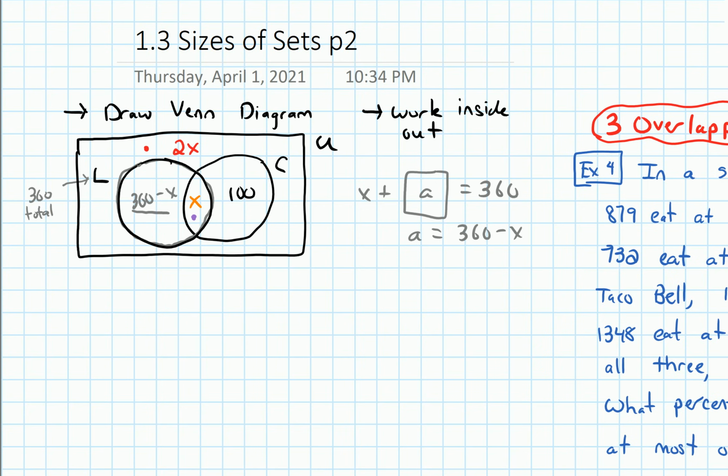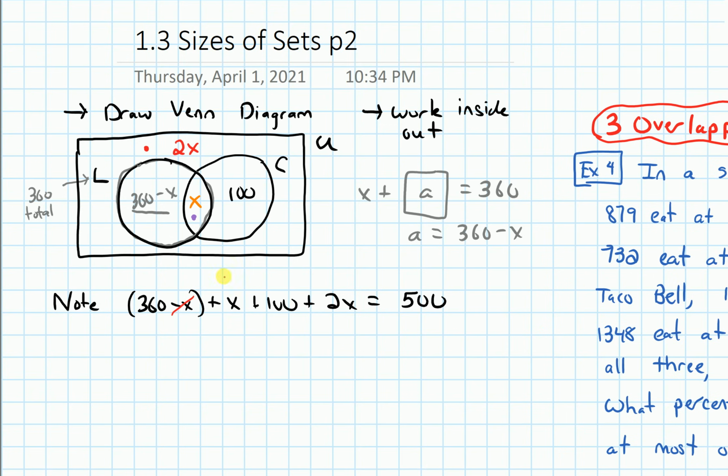So now I have labels in every single section here. So I can note that the question tells me how many people there are total in the universal set. It says there's 500. So if I add all these numbers up, the 360 minus x, added to that x in the middle, added to that 100, added to 2x, this should be equal to the 500 total people who are surveyed.